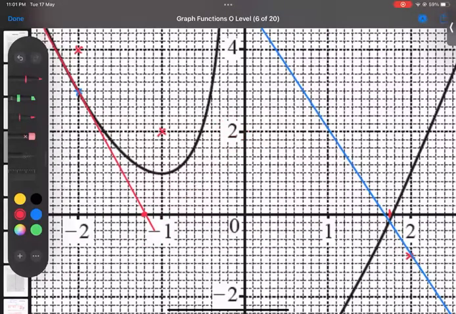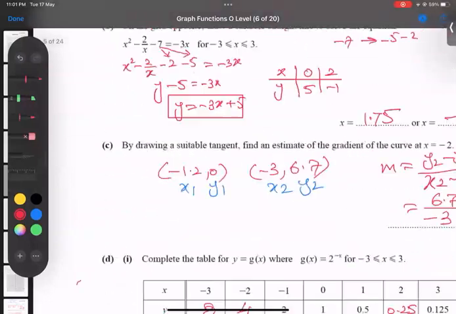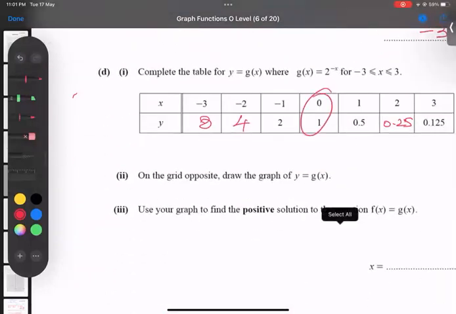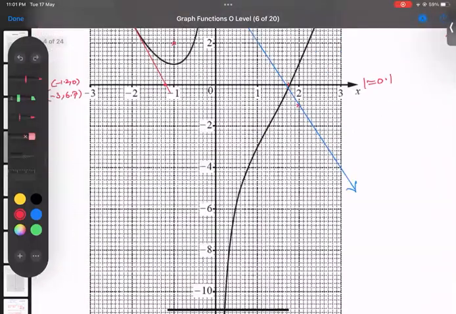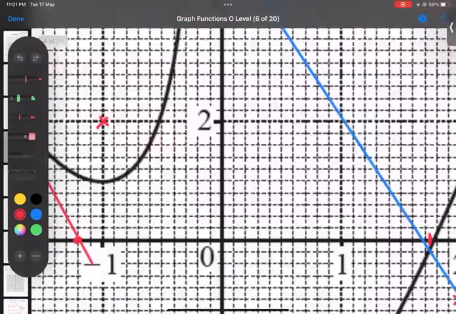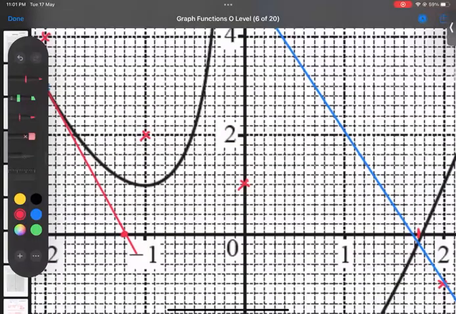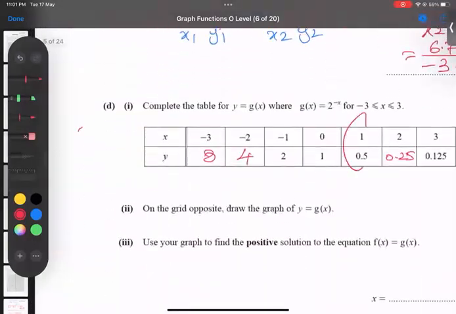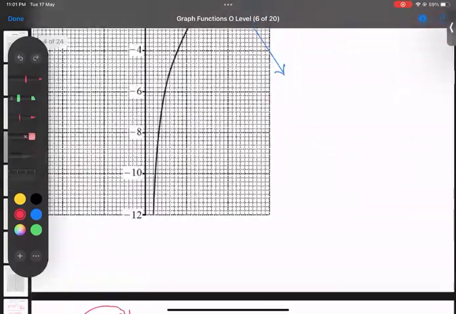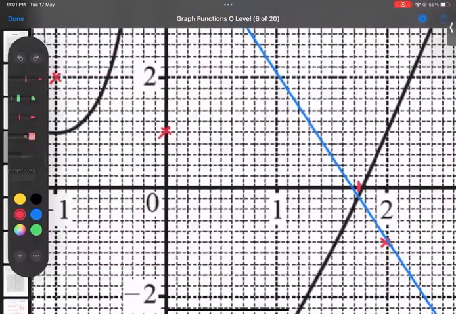So this is a point. Next point, x is 0, y is 1: 1, 2, 3, 4, 5 boxes. Then x is 1, y is 0.5: 0.2, 0.4, 0.6, so 0.5 is in the middle here. It means this point.